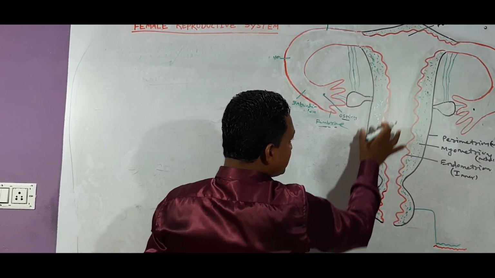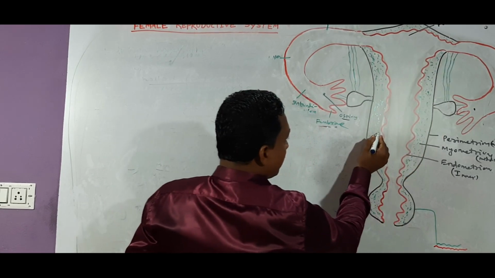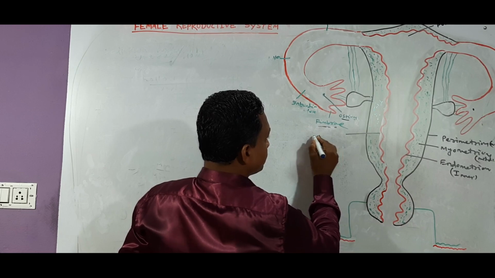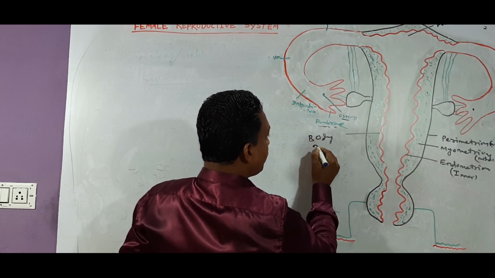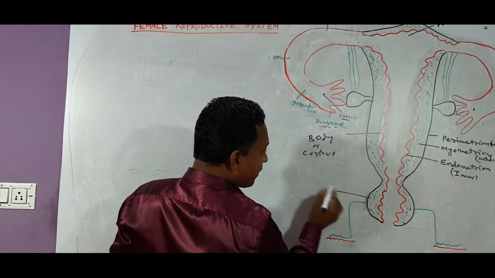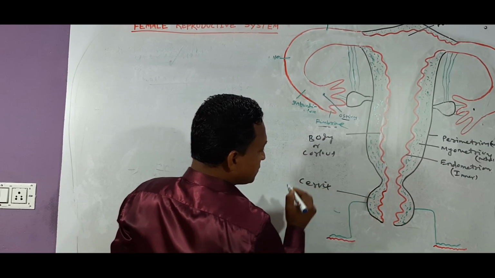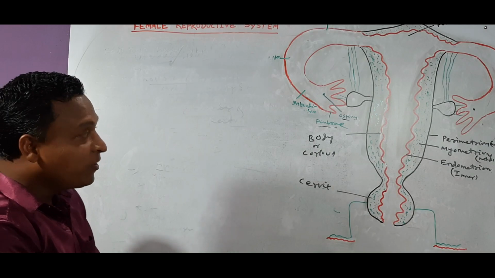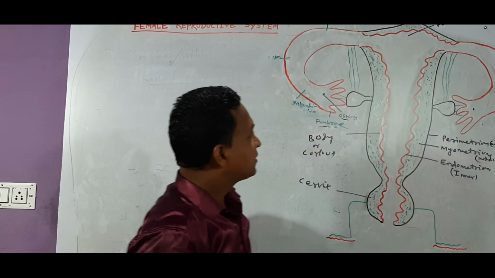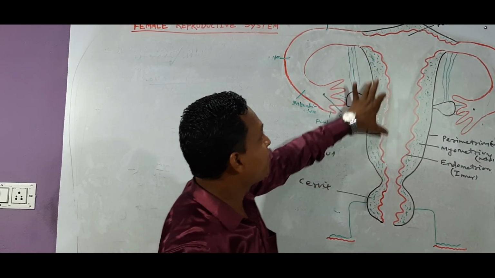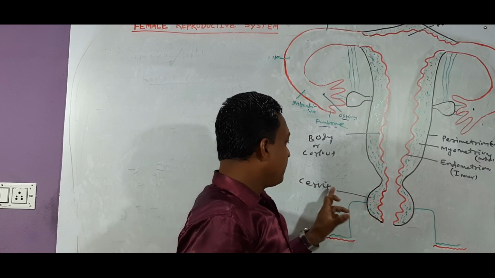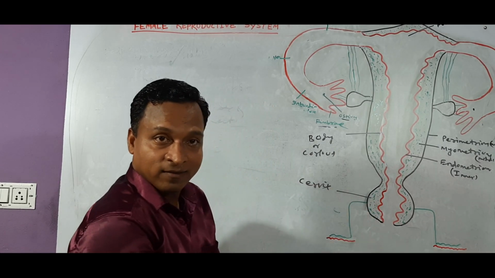This part up to here we can call the body, or you can call it corpus. This lower part you can call the cervix. The upper part is the fundus, the second or main part of the uterus is the body or corpus, and the final part is called the cervix. Clear?